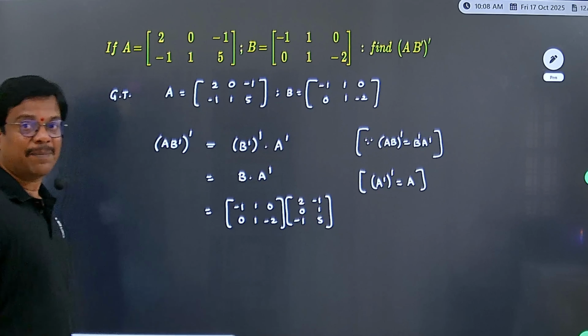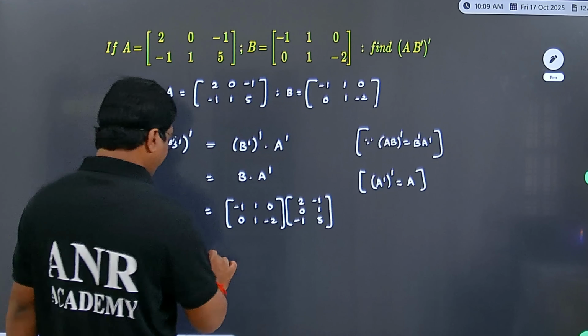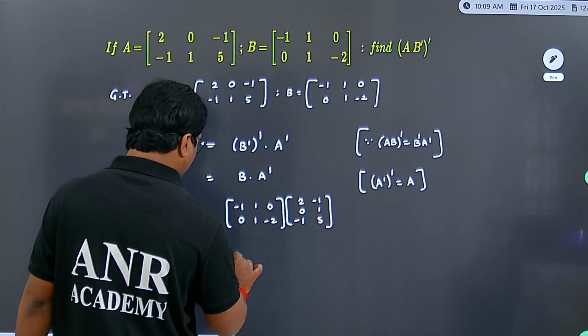Okay, now multiply these two, we get the required answer. Minus 1 into 2 is minus 2, 1 into 0 is 0, 0 into minus 1 is also 0. Next, first row second column combination, minus 1 into minus 1 is plus 1, 1 into 1 is 1, 0 into 5 is 0.